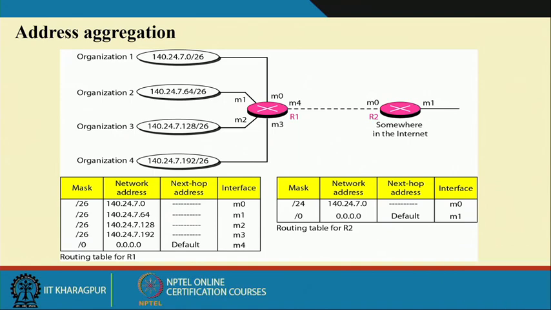Like in this case, say organizations 1, 2, 3, 4 may be taking service from an ISP and have different types of network addresses.